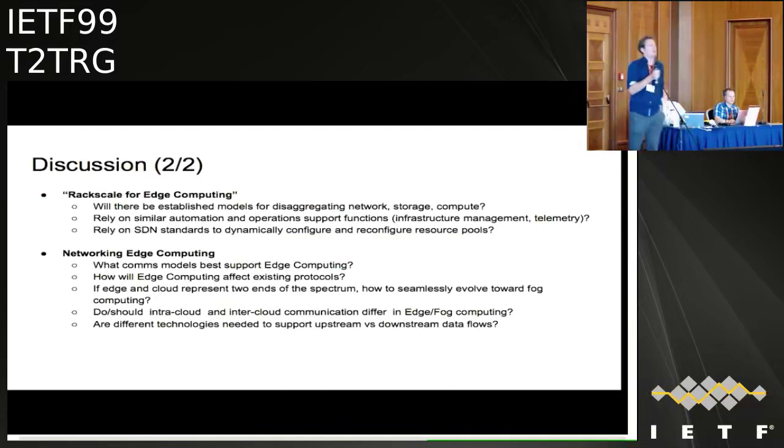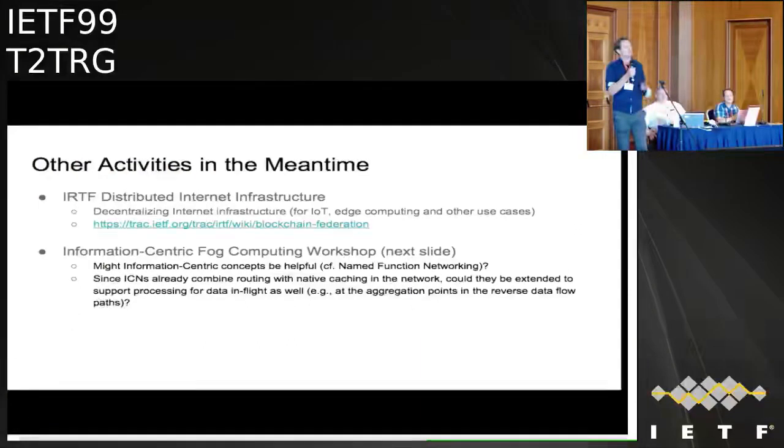So what also happened in the meantime that could be related to this discussion? Yesterday we had an IETF side meeting on a topic that we called distributed internet infrastructure. That's the idea of decentralizing infrastructure, so becoming perhaps less cloud dependent.